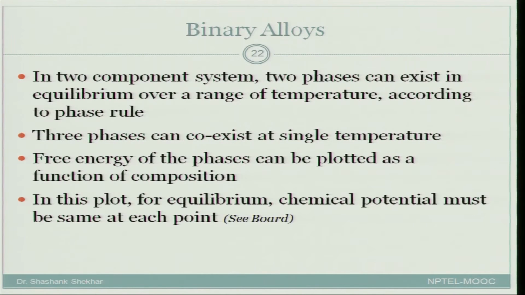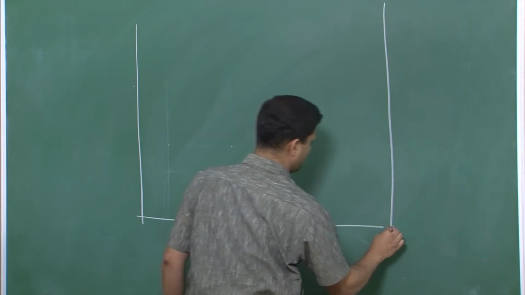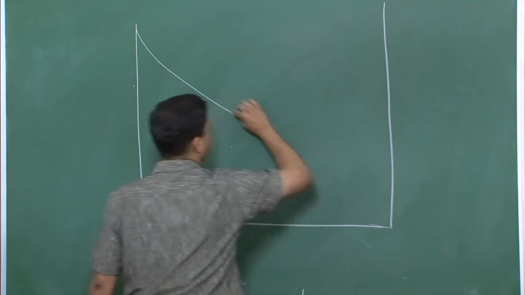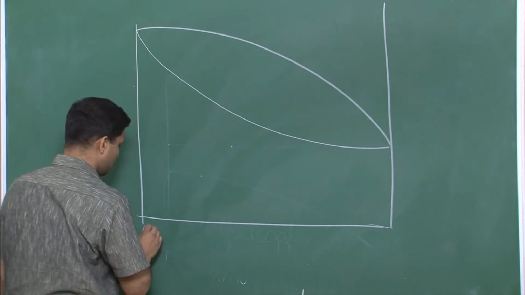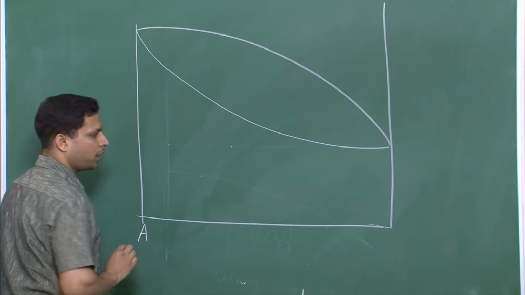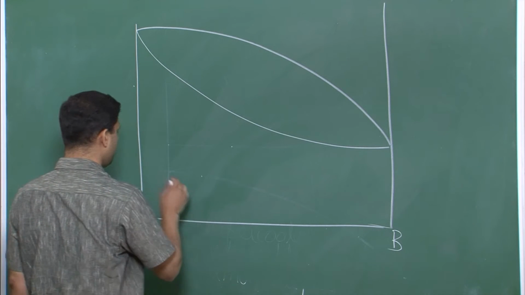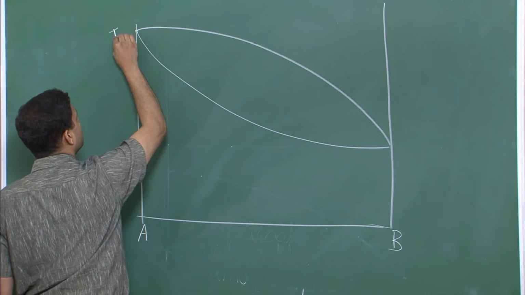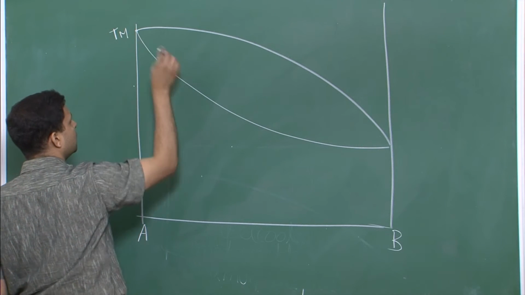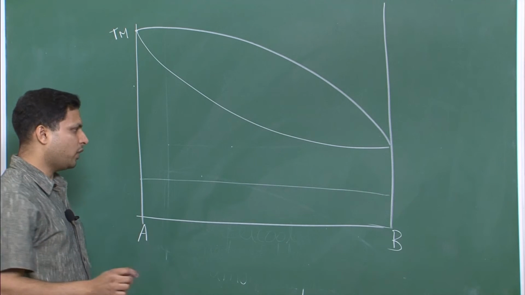So let us take a very simple binary phase system which is miscible in each other. So the two components we are talking about are A and B. This is a very simple system, and over here this is some temperature, let us call it Tm, and we will first consider a temperature low enough where only one phase exists.